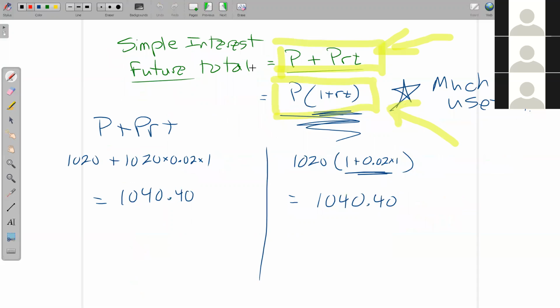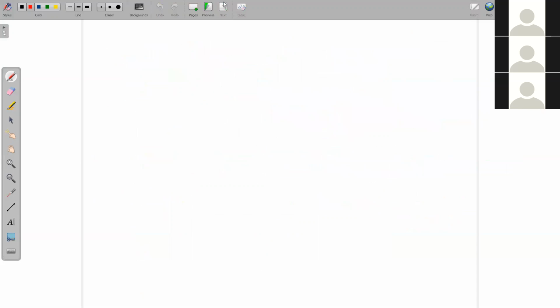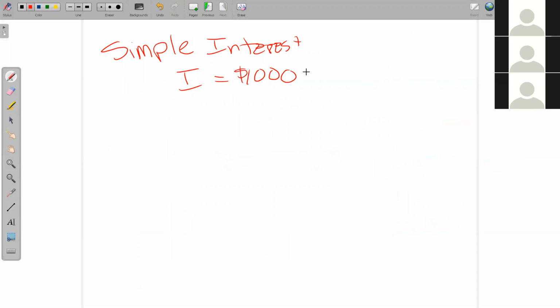So, I need a new page. Let's go here. So if I just did straight simple interest for 3 years, the interest amount, I, would just be whatever you started with at $1,000 times your interest rate. Mine was 2%, so as a decimal, it's 2/100ths, times the amount of years that go by.